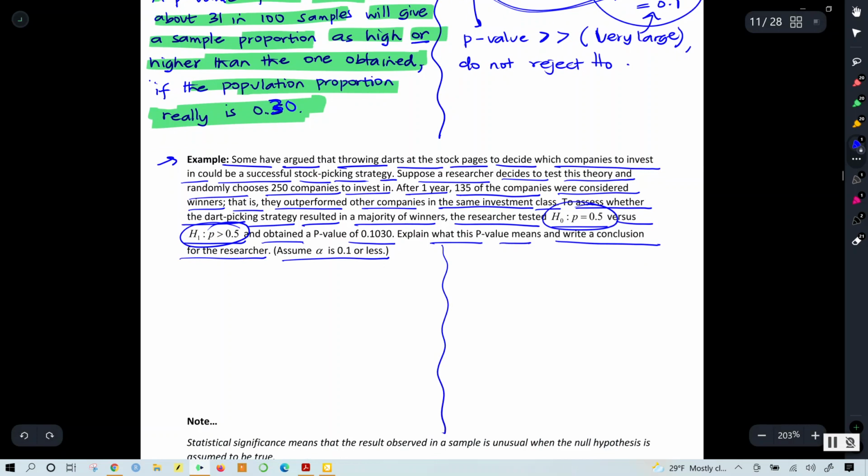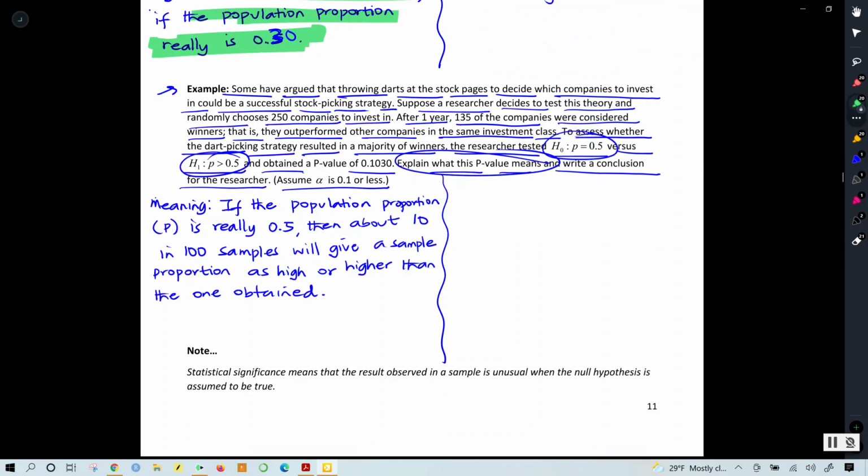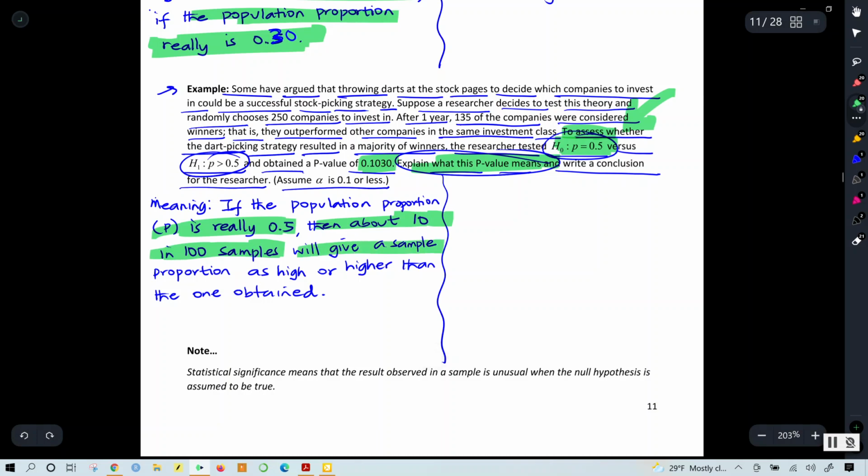So in this case, the meaning of the p-value will be as follows. What the p-value means is that if the population proportion is really 0.5, as assumed in the null hypothesis, then 0.1030 means that about 10 in 100 samples will give a sample proportion as high or higher than the one obtained.